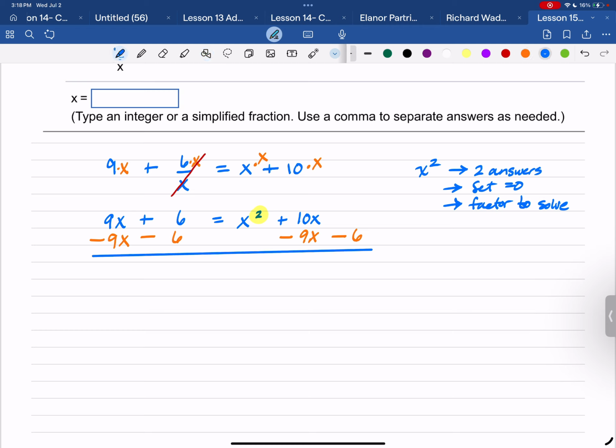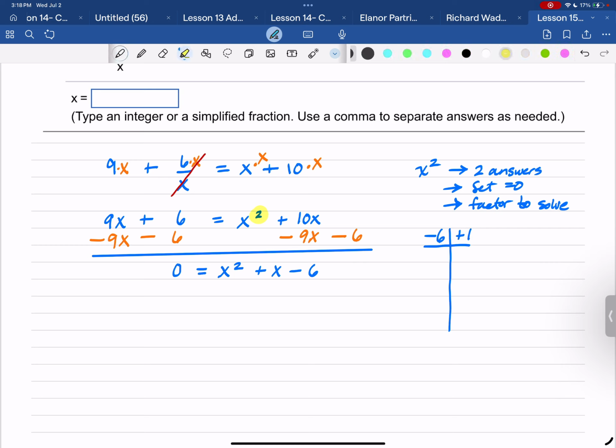Now, on the left-hand side, 9x minus 9x is 0, 6 minus 6 is 0. So I have the 0, okay? And I get x squared plus x minus 6. So I have no fractions, but I have a quadratic equation. So I'm going to have to factor that. So I'm looking for the factors of -6 that will give me a positive 1.